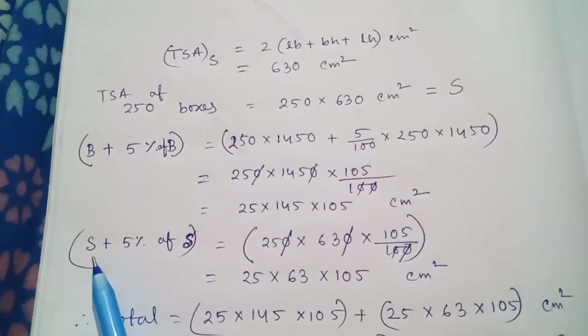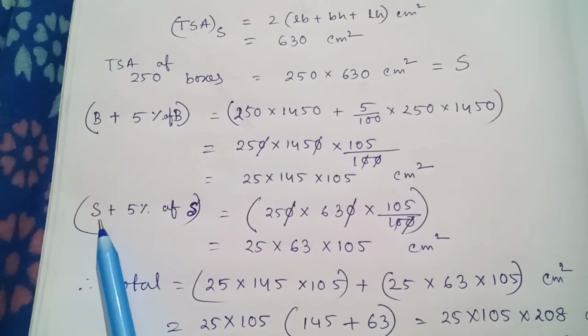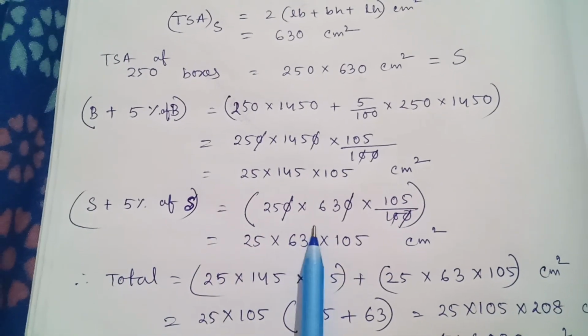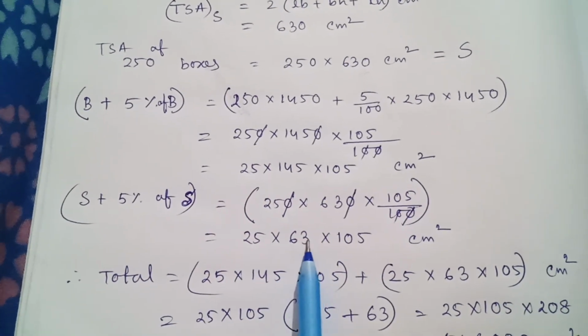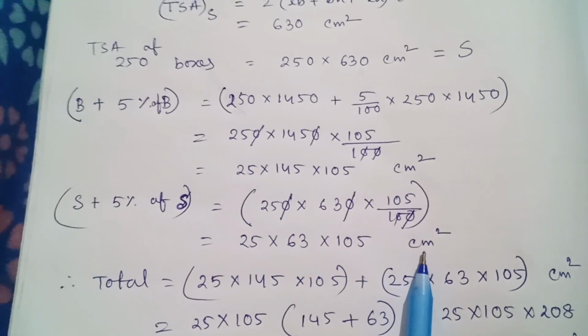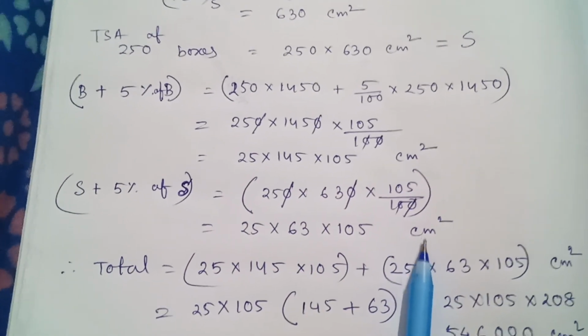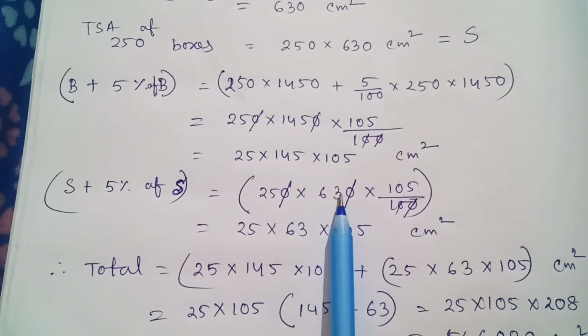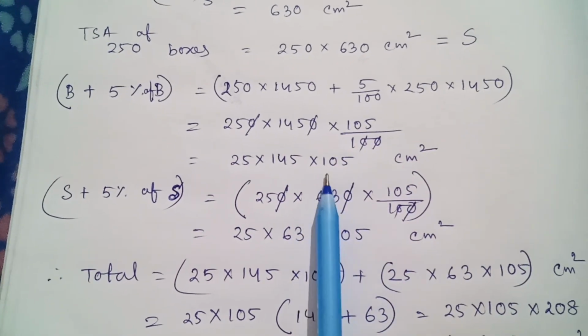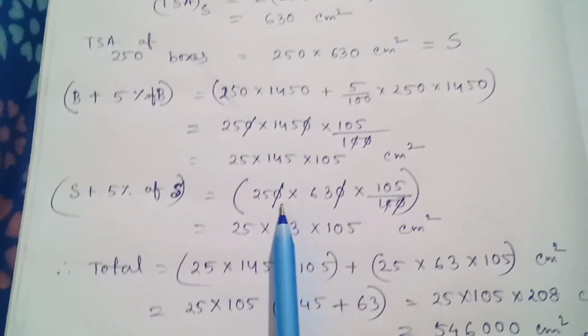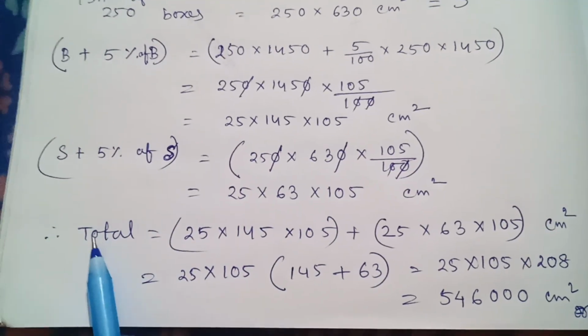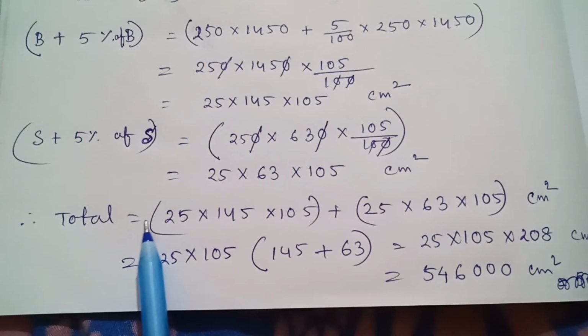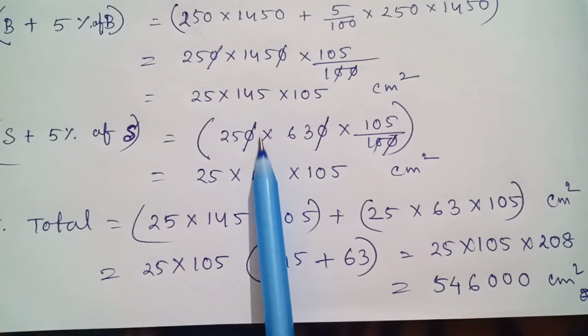In the same way I have done the calculation of smaller boxes also, and I have got 25 into 63 into 105 centimeter square. Again I am telling, calculations will be up to you. You please check out the calculations. So total requirement is equals to this plus this.